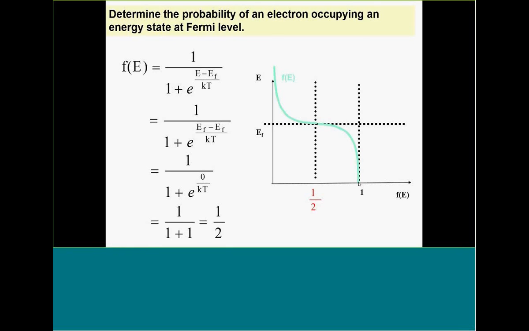And the probability of an electron occupying an energy level much, much higher than EF is very small. Okay, so you just use this equation to get the probability, where this one is replaced by the energy level that you want. Okay.